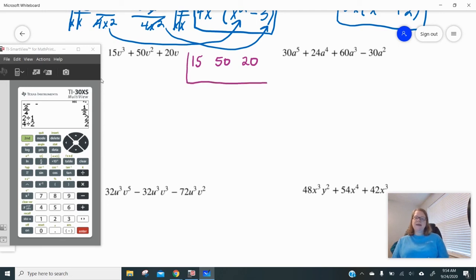Okay. And I'm just thinking to myself, okay, will all these divide by 2? Now, you probably know that they've got to be even numbers, 2, 4, 6, 8, 0. They've got to end with those numbers. And 15 is not even. It's odd. So these are not going to divide by 2. So then I would try the next number, 3, and think, okay, well, do these divide by 3? Well, 15 divides by 3.